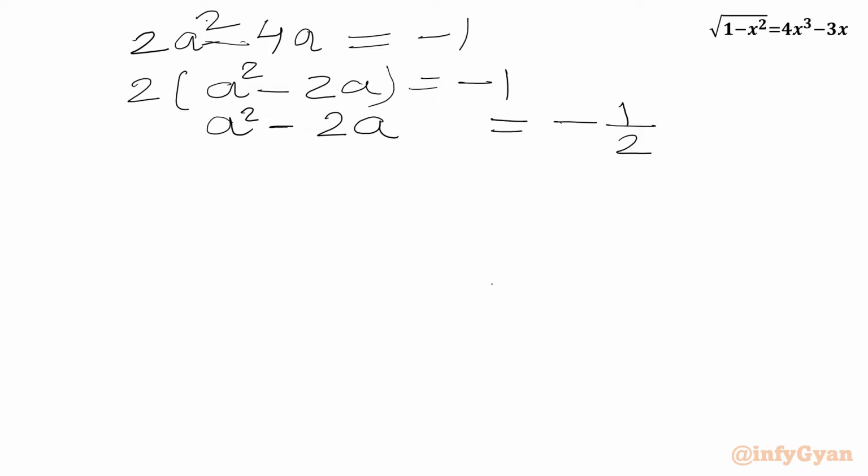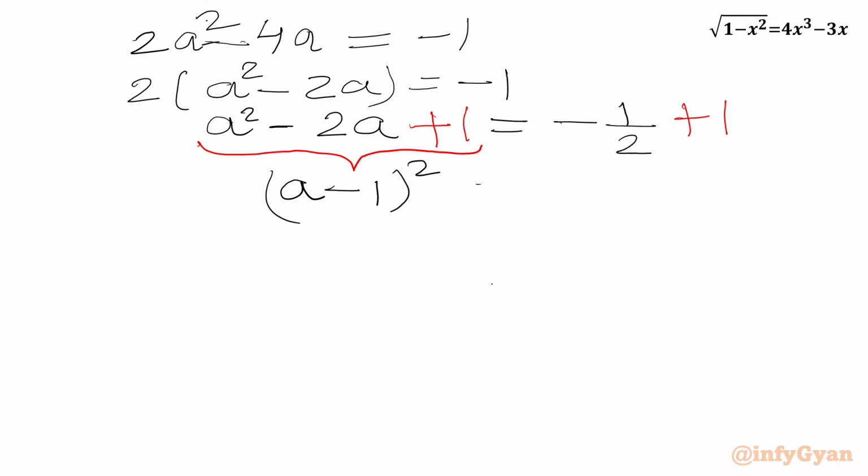Now I have to add 1 to both sides. So I will write plus 1 plus 1. Now from these three terms, we can easily write here 1 perfect square of a minus 1. And in RHS, we will write half. Now we have to take the square root on both sides. So we will get a minus 1 equal to plus minus 1 over square root 2.